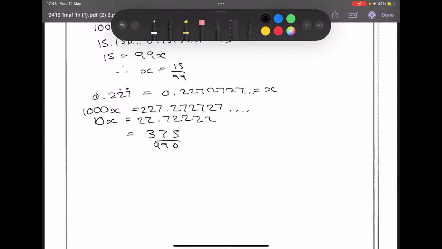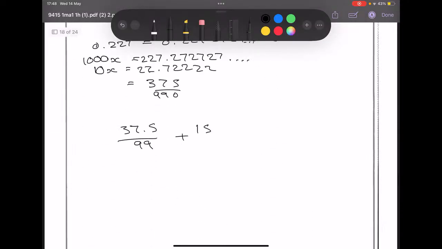Now we can put that into 37.5 over 99. We shouldn't be using decimals in this question, however as we are adding, it will make it simpler for now. Adding 15 over 99 gives 52.5 over 99.